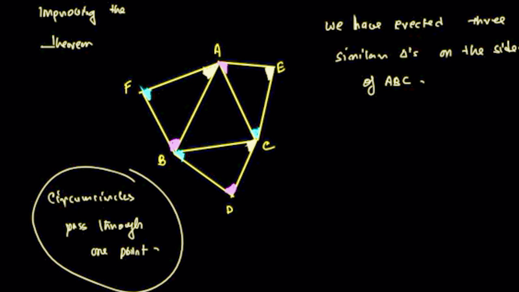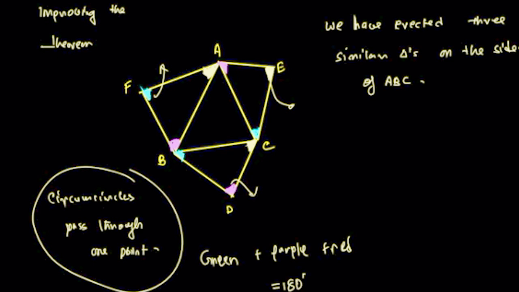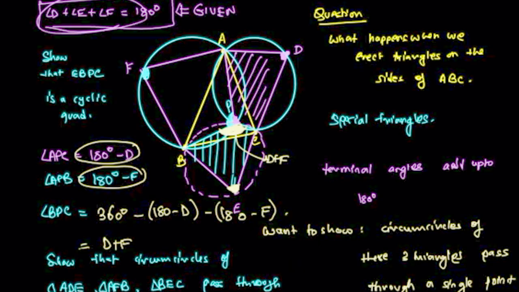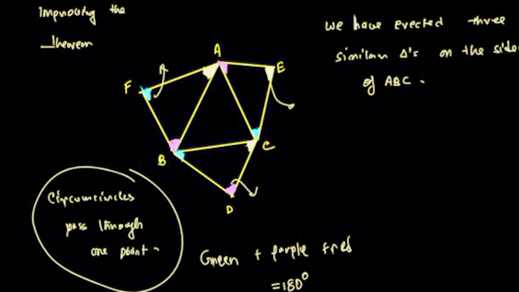What can you say about the green plus the purple plus the red? What can you say about the sum of these three angles here? That this is just 180 degrees. And we have already shown this, that if terminal angles add up to 180 degrees, then the circles would intersect at a single point.